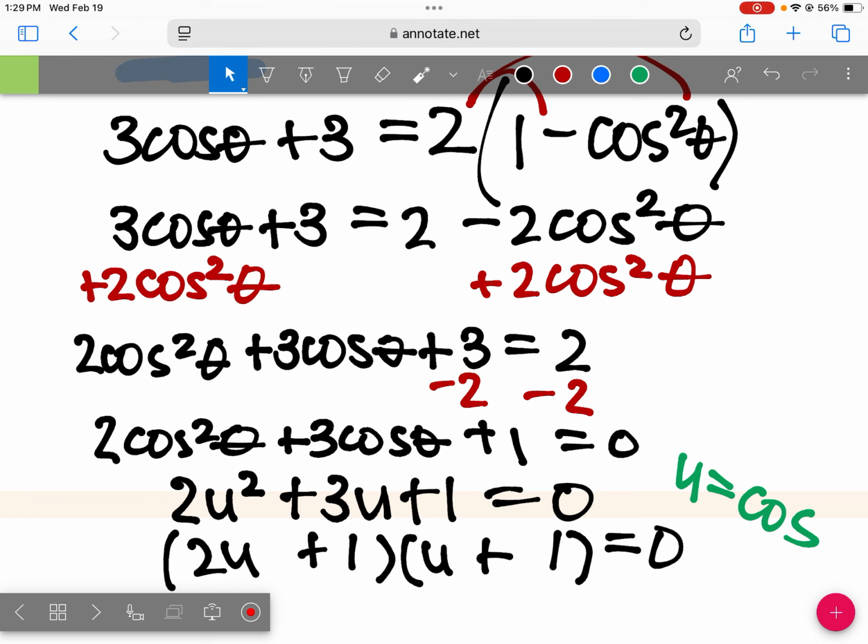Thumbs up when you're done factoring. Then what are you doing? I didn't mess up, right? Oh, I have it.